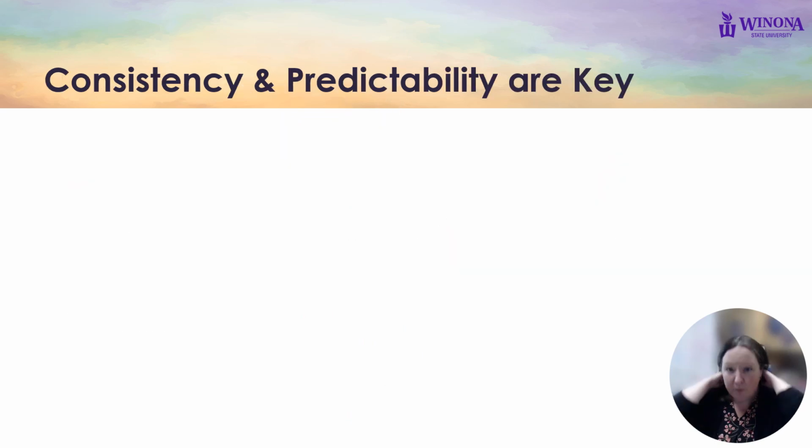Research on learning repeatedly reports that learning is improved with consistency and predictability. And we know this as well in developmental psych literature, that kids who have consistent, predictable schedules do better because they know what to expect, right? Many people will say, I don't like surprises.